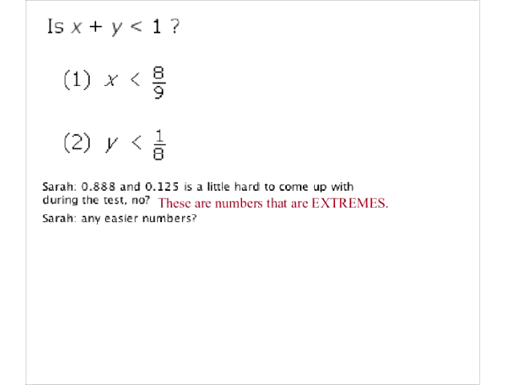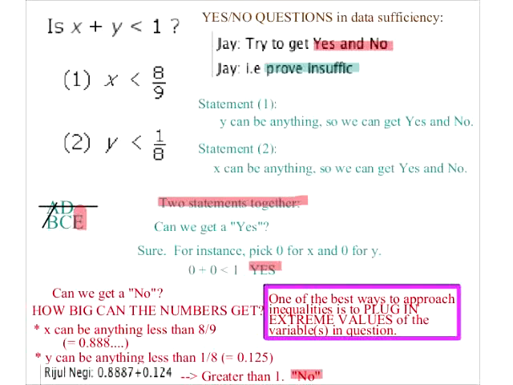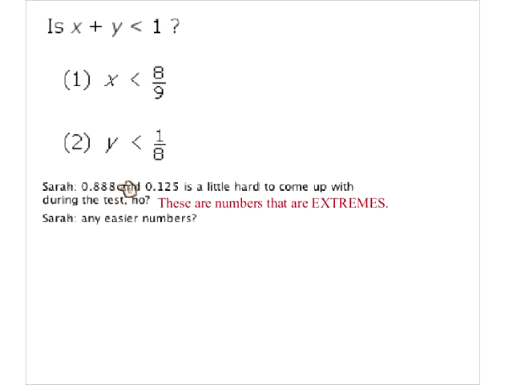Because remember what your limits are in the problem. 0.88888888 is a ceiling on x, and 0.125 is a ceiling on y. If you know that your job is to pick extremes, then that makes these numbers relatively straightforward to pick, because this is a number that's just ever so slightly less than that, and 0.124 is ever so slightly less than that. So there you go.